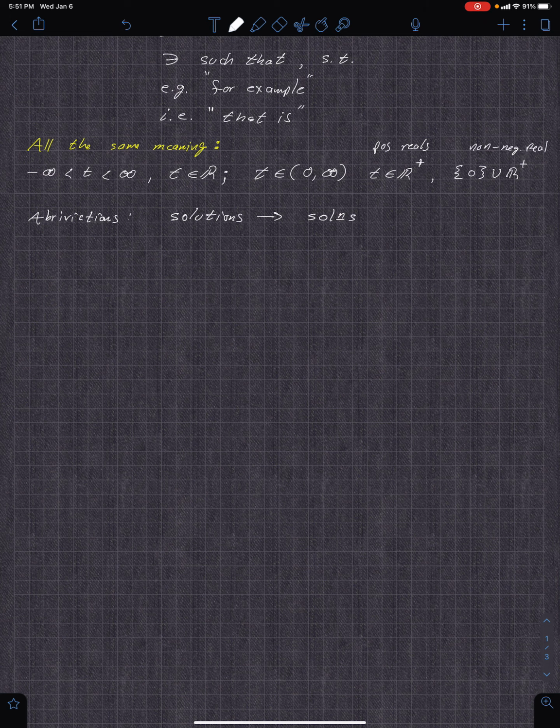So it's like the TIONS is the N, and you're leaving out the U for the vowel as well. And then equations, same thing, EQ, and you leave out the vowel, and then you put in the N with a line. So I'll use those abbreviations quite a bit.